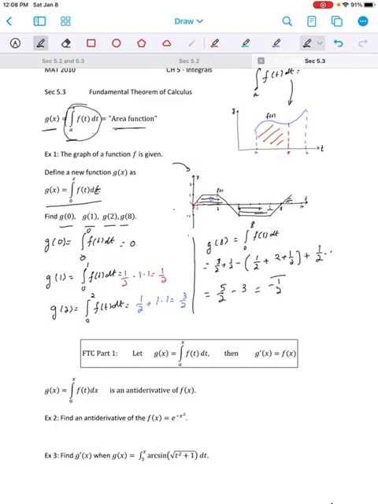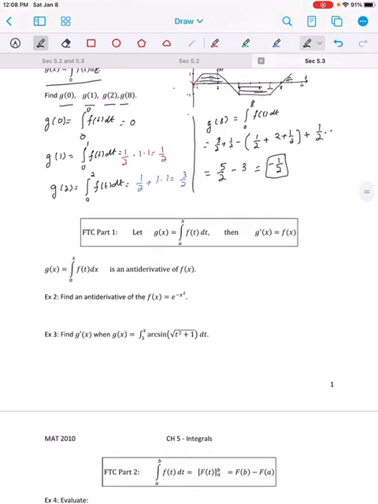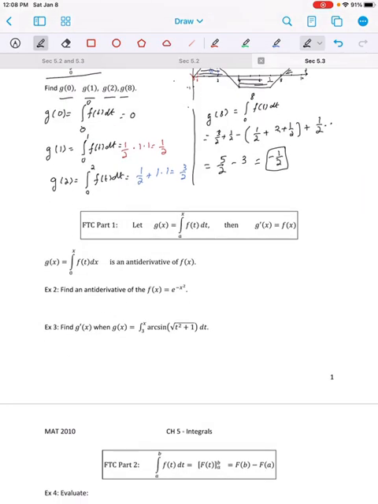Now we look at the statement of the fundamental theorem of calculus, part 1. Remember, there are 2 parts of the fundamental theorem of calculus. The first part says that if we have the area function g of x defined by an integral in this form, then the derivative of g is equal to f of x.